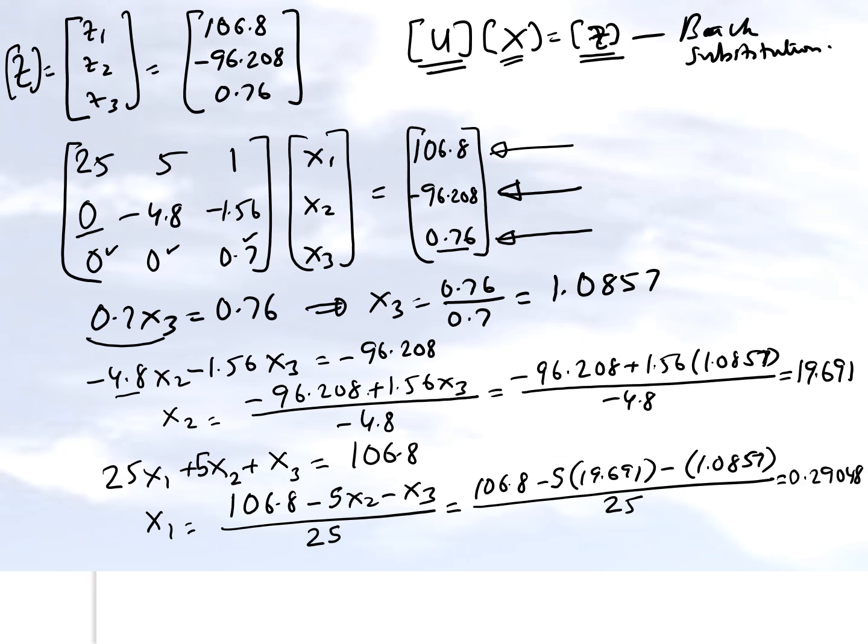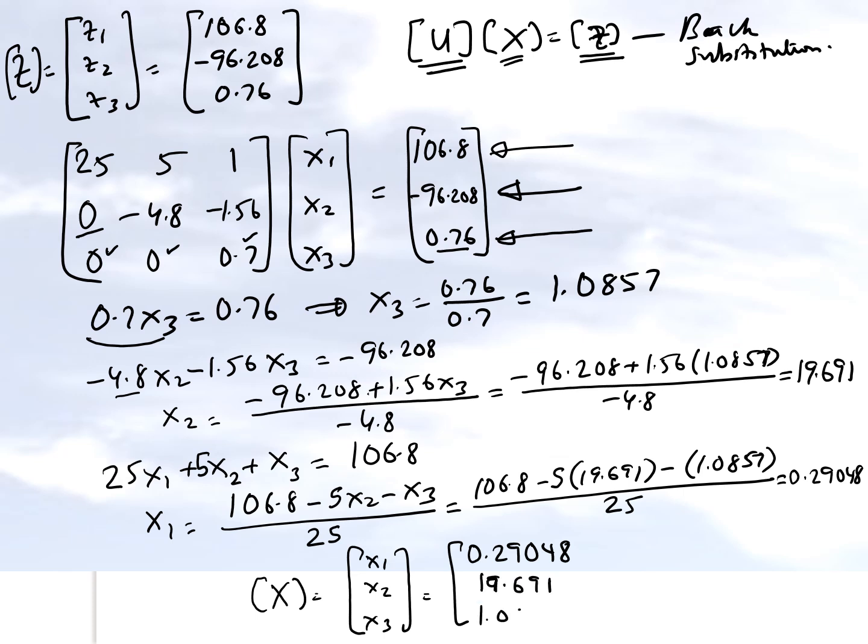So we have basically found out what the solution is. The x vector is x1, x2, and x3, and that turns out to be equal to the following numbers. So we have found out x, and that's how the LU decomposition method works.